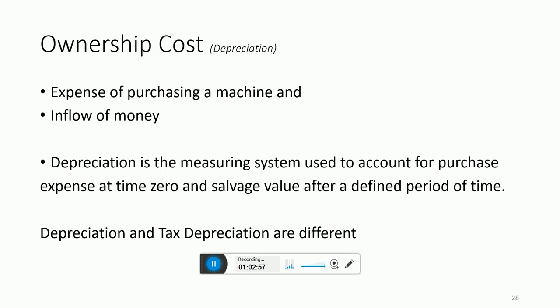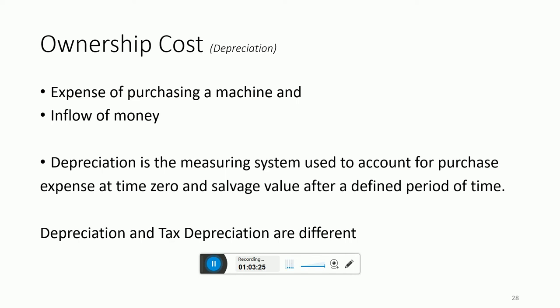Here we have to know that the actual depreciation which occurs on the equipment is very much different from the tax depreciation which we have seen in our previous slides, because for tax depreciation there are set formulas or guidelines from the government on how much an asset would depreciate.